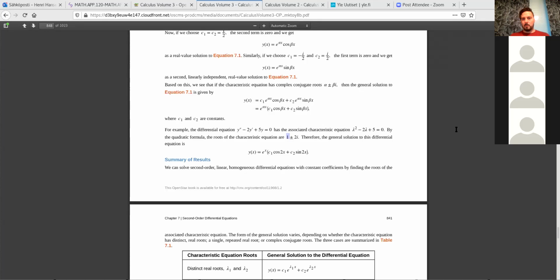So k equals plus or minus i. If we had this, then the solution will simply be C1 times the cosine of x plus C2 times the sine of x. This happens very often, and we'll see some examples of when this happens.